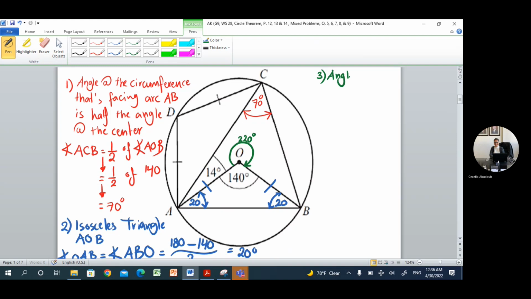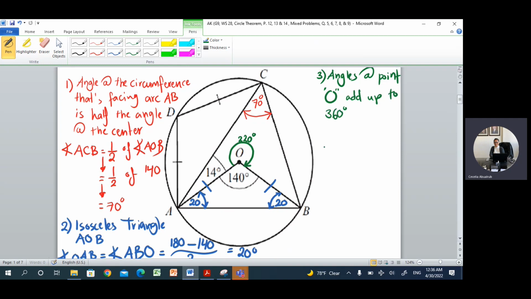angles at point O add up to 360 degrees.